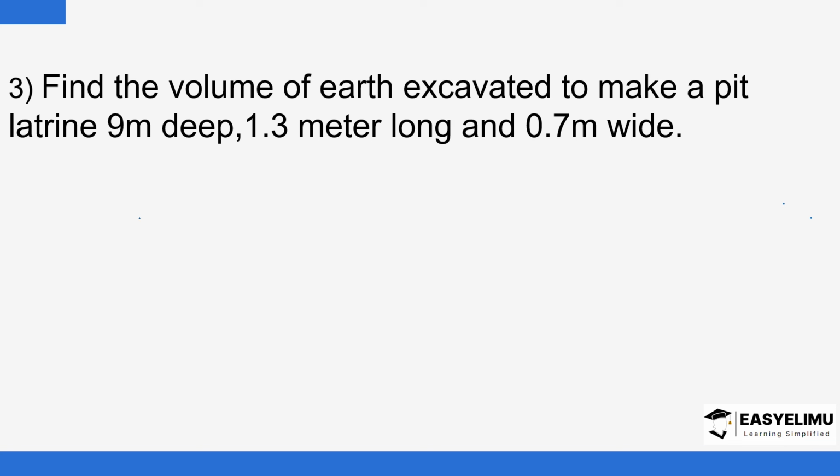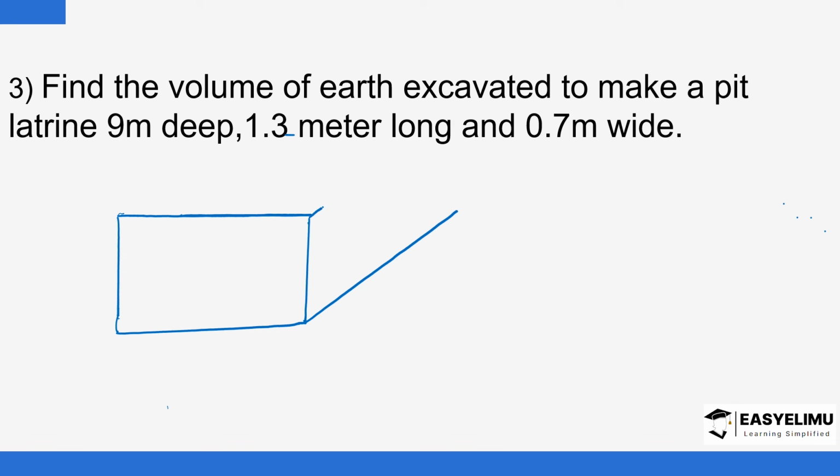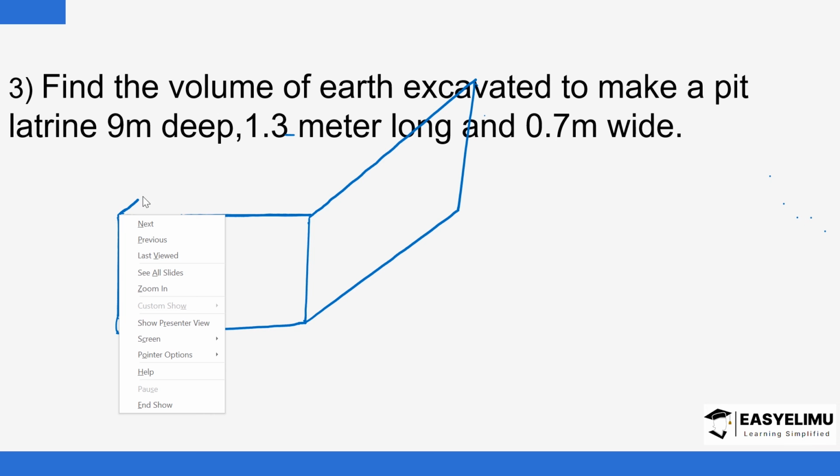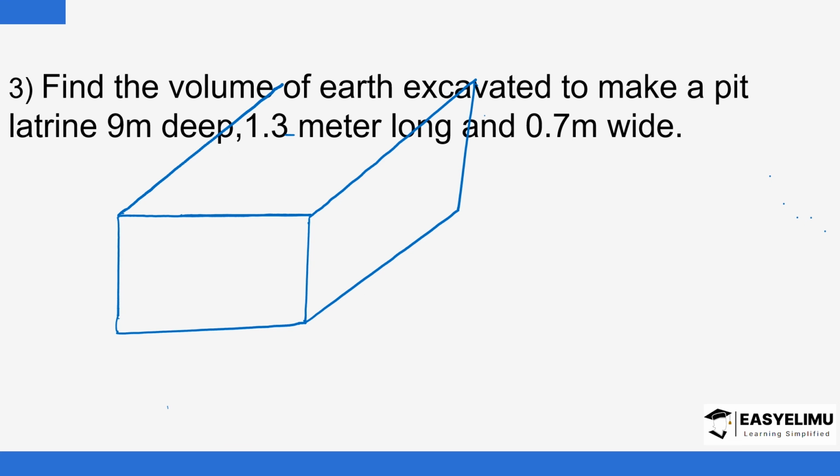So the pit latrine would look like this, so we have 9 by 1.3, then the height is 0.7.